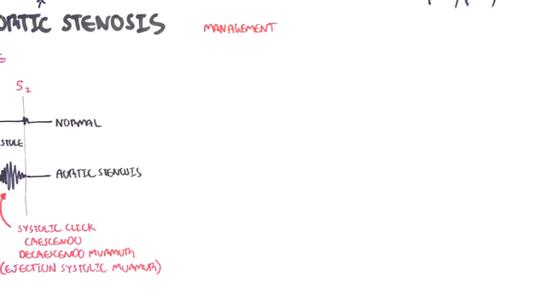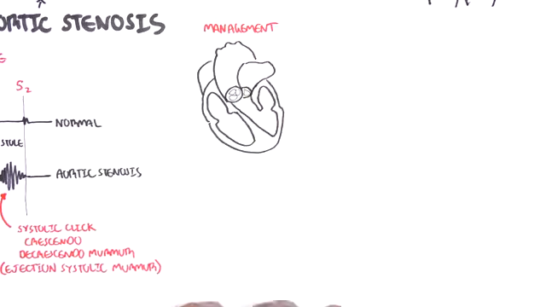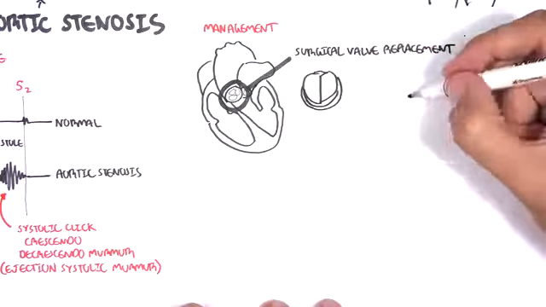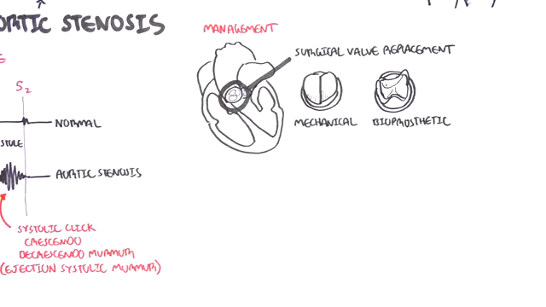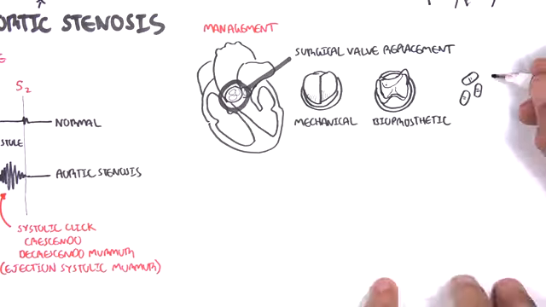Management of aortic stenosis includes surgical valve replacement or repair. A valve replacement can be mechanical or bioprosthetic. There are weaknesses and strengths between the two. Mechanical valve replacement is often used for younger people because it lasts longer.